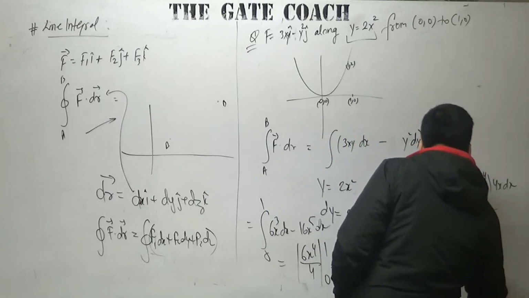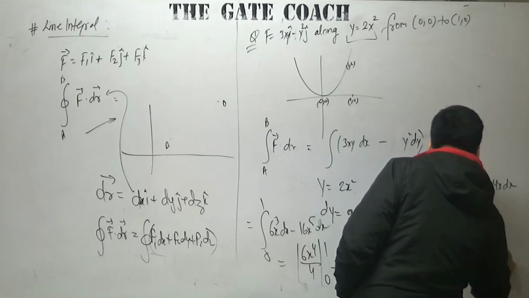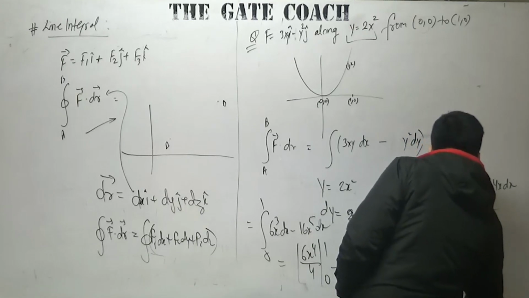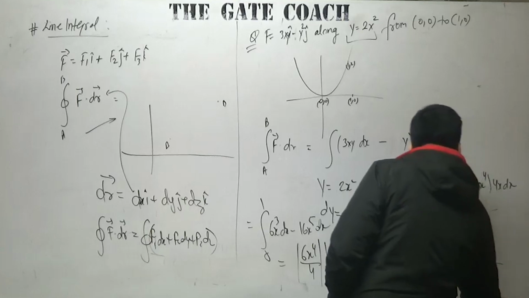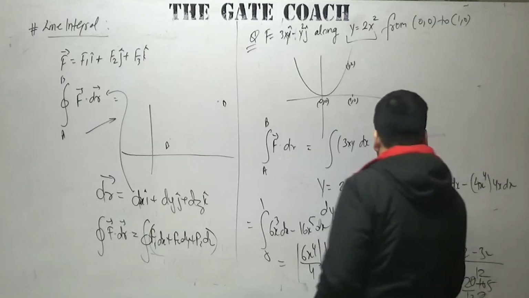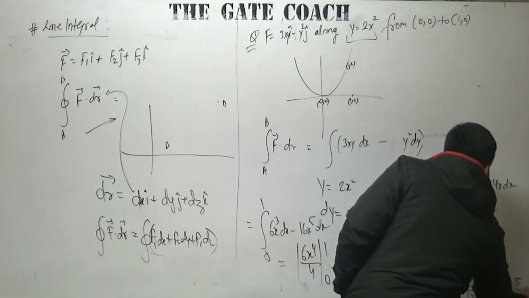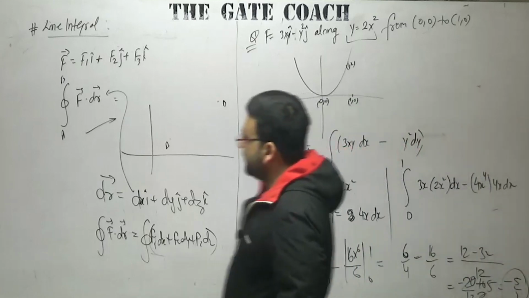It will be 18 minus 32, which is equal to minus 14 divided by 12. So minus 5 by 3 will be the correct answer of this question.